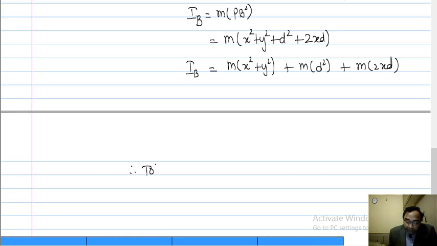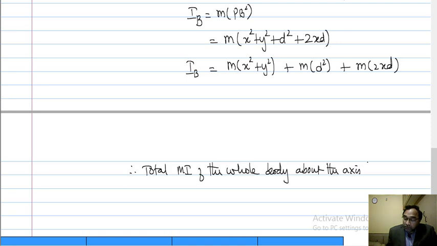Therefore, total moment of inertia of the whole body about the axis through B, what we can say?